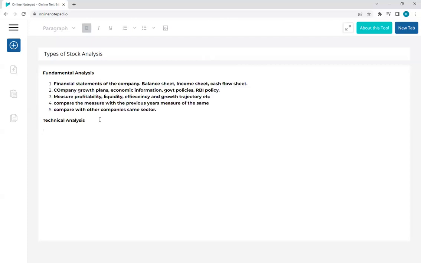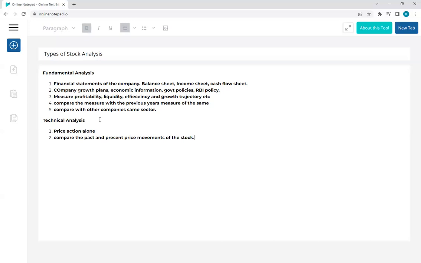Whereas what is technical analysis? A technical analyst will go through the price action alone. He will compare the past and present price movement of the stock, and he basically doesn't go into any of the fundamental information.